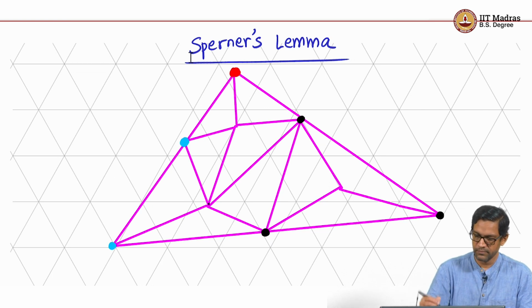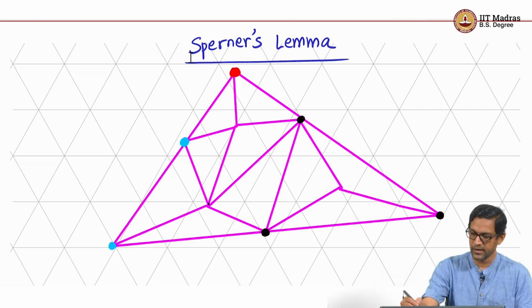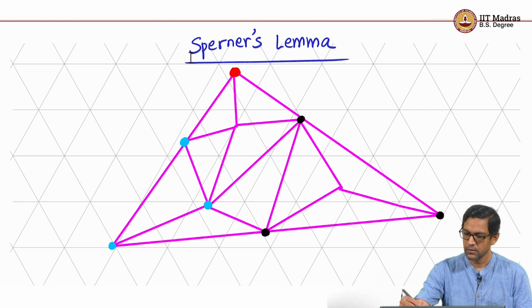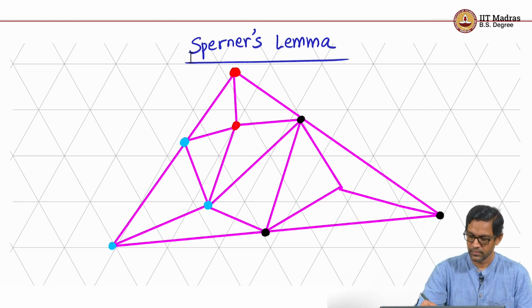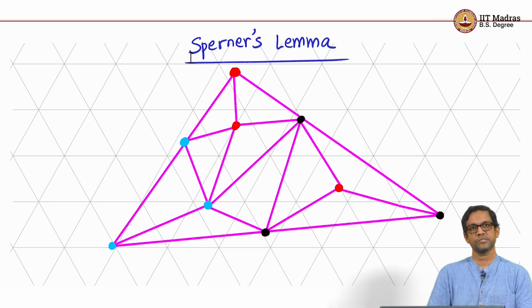And the balls on the inside are arbitrary. You can just place them whichever way you want. So we could place say blue, maybe red here.